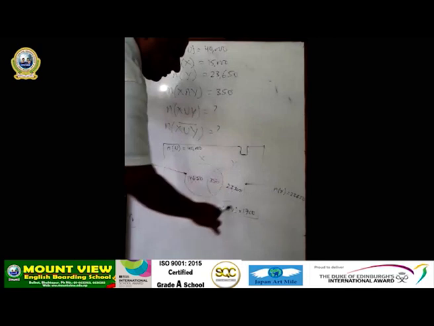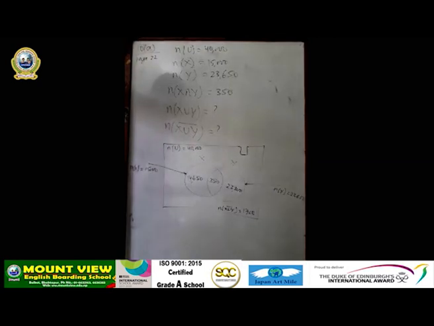This total means votes got by X. This total means votes got by Y. And this one is the votes got by both. But these 350 votes got by X and Y, that's why these are invalid votes.